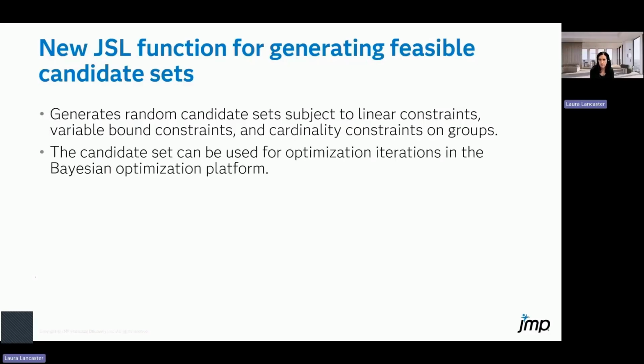Once we have a feasible candidate set, we can supply it to the Bayesian optimization platform for use in each optimization iteration. Additionally, you could also potentially use these candidate sets to create your own initial design. And note that with the Bayesian optimization platform, you can use initial starting designs that are actually quite small, but still quickly lead to an optimal solution.